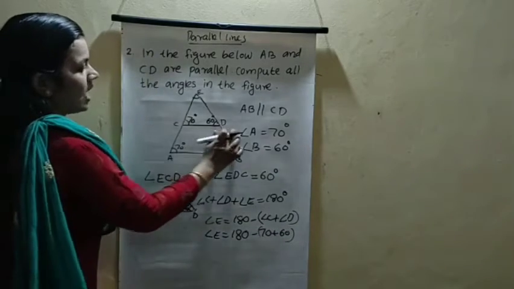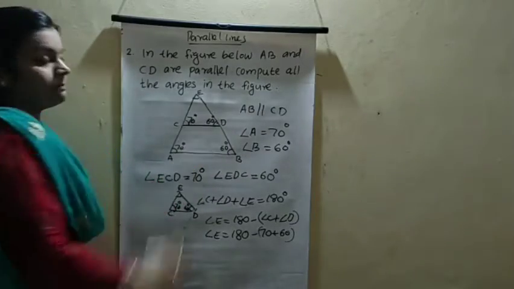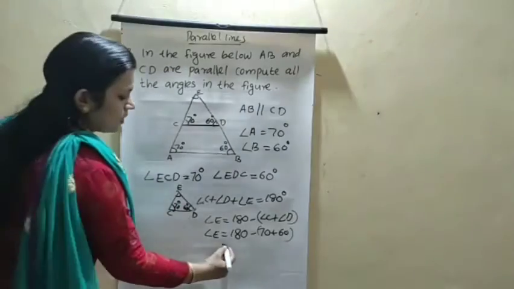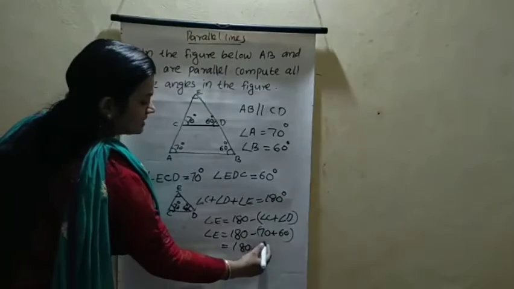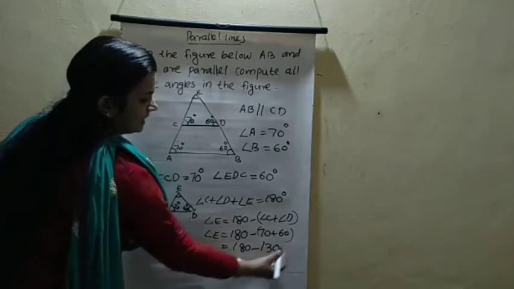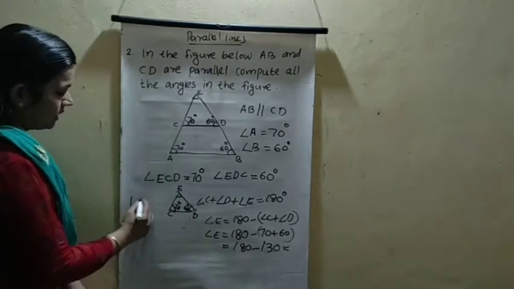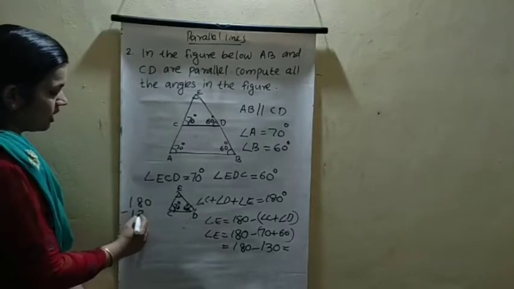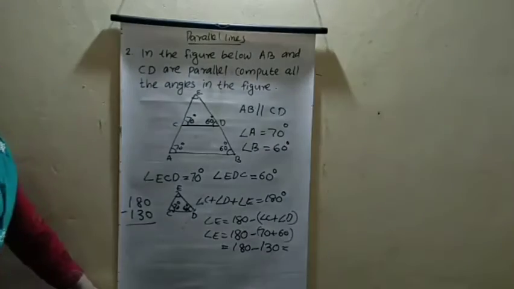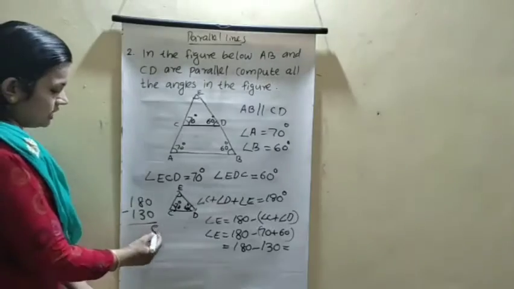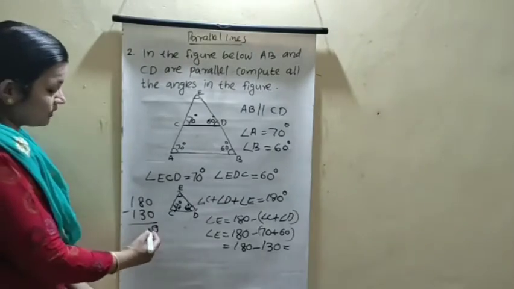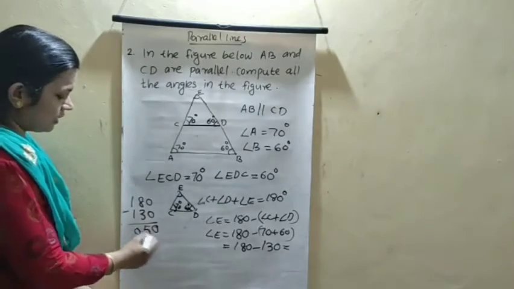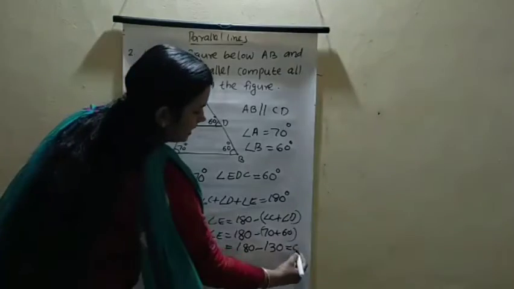We add these two angles, 70 plus 60, we got 130. 180 minus 130, then we got 50 degrees.